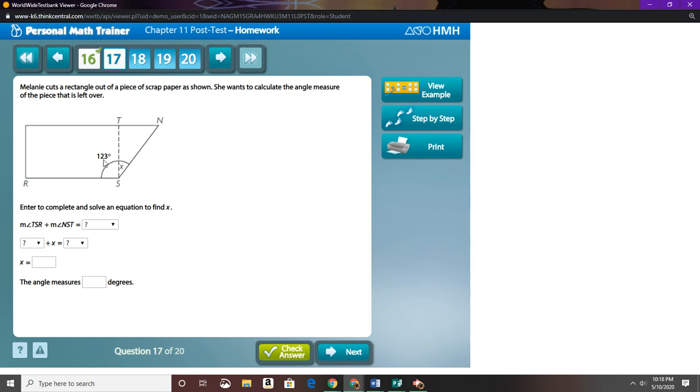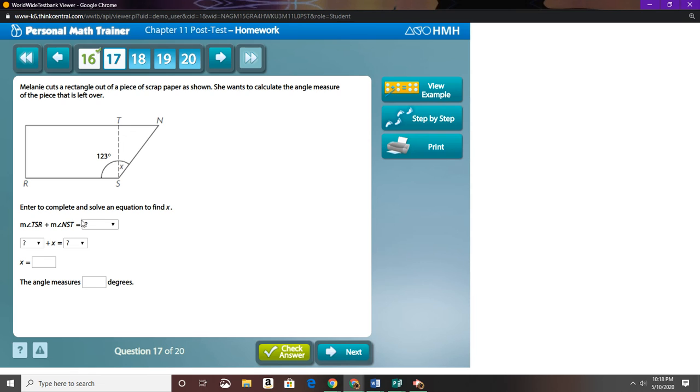Where this is confusing is this 123 represents this entire angle. It kind of makes it look like it's just this side of it, and it's not. The whole thing is 123 degrees. In fact, if it's a rectangle, this has to be a 90-degree angle. So if this whole thing was 123 and this side of it was 90, then I'm going to subtract 123 minus 90.